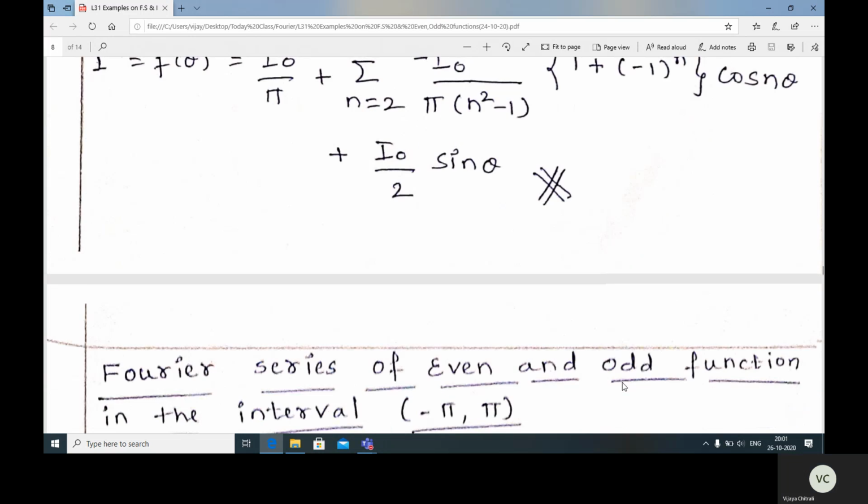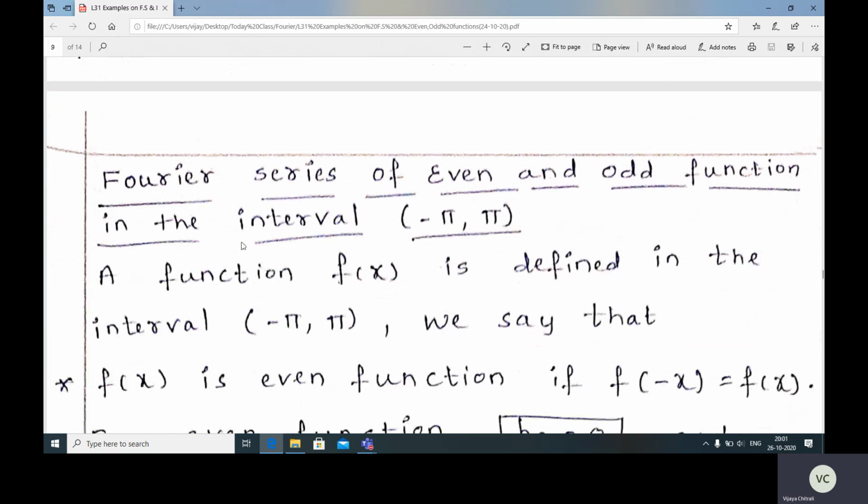Now we'll discuss the new concept, that is Fourier series of even and odd functions. We have a property: product of two even functions is even, product of two odd functions is also even, whereas product of an even and an odd function is always odd.